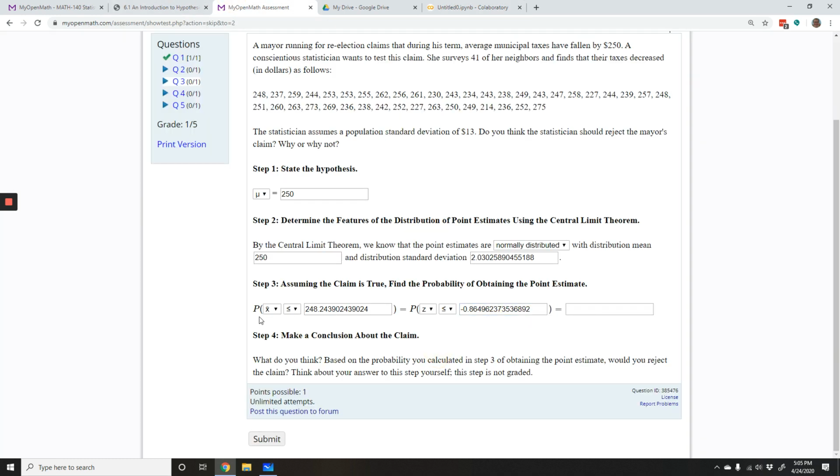So what this is saying is the probability that a sample mean is more extreme than 248 if the population mean is 250. Remember, we don't know that, we're testing it. So if the population mean is 250, it would be the same as the probability that our z-score is less than or equal to negative 0.86. And that is a quantity we can easily compute using our notebook.